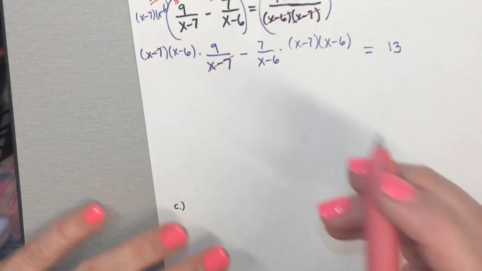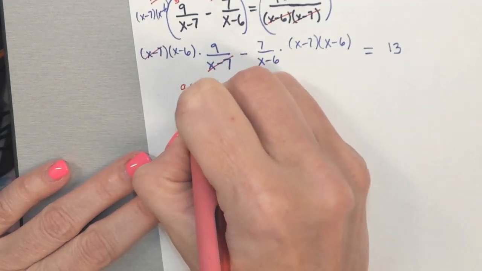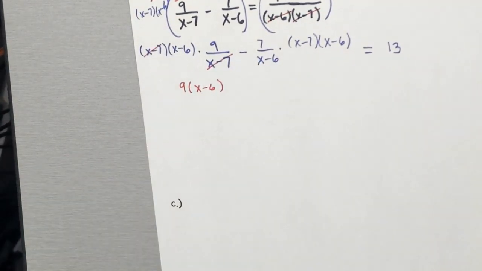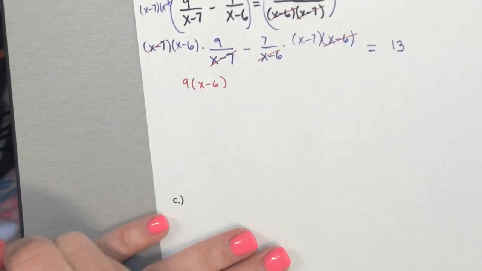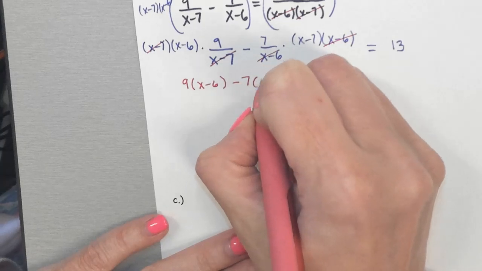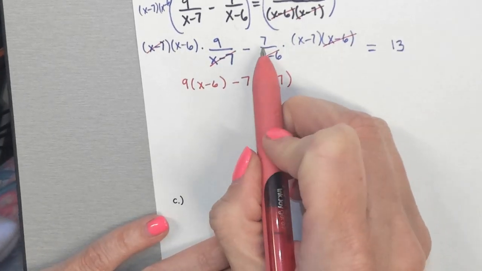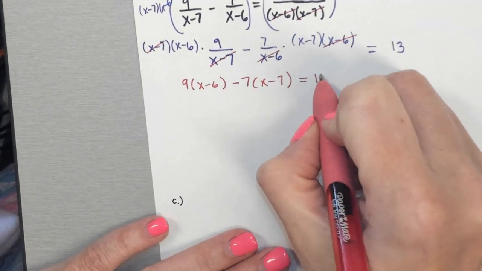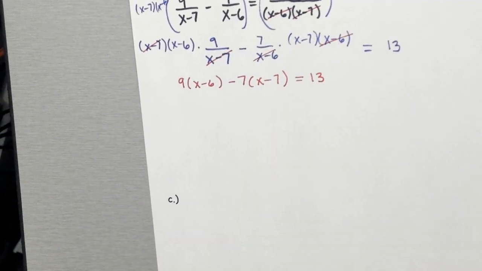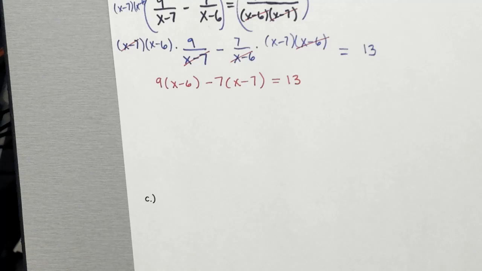When you do that, you're left with 9 times x minus 6. For this, you have the x minus 6 that cancels out here. And so you're left with negative 7 times x minus 7 is equal to 13. Okay, and then from there, you can just distribute and solve.